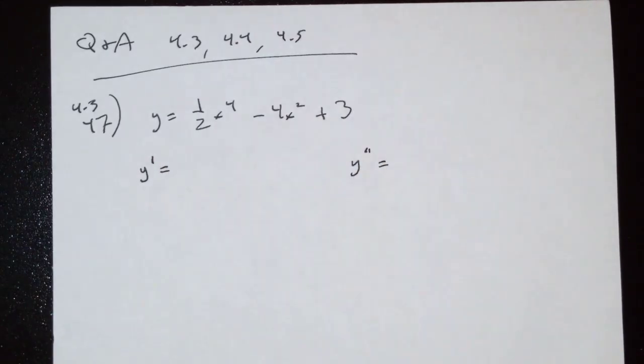And I know to get my intervals of increase and decrease, I need my critical numbers. So I need the first derivative. To get my intervals of concavity, concave up, concave down, I need the second derivative. So I might as well start right there. What's the first derivative of this equation?